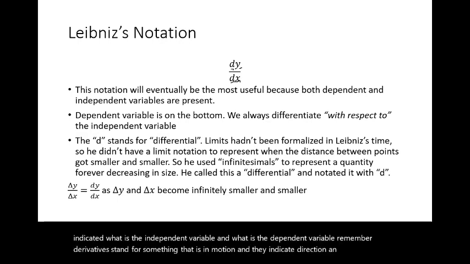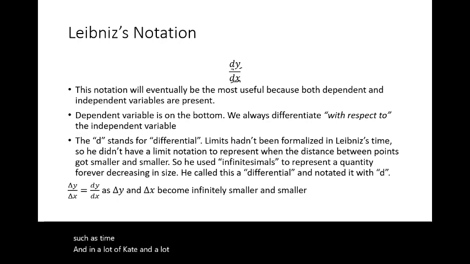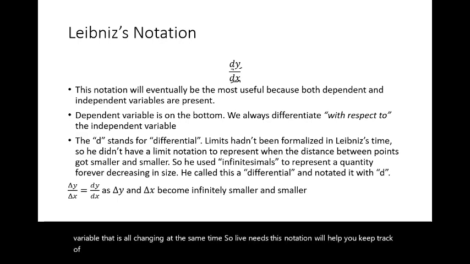So anything that is actively changing will be changing with respect to a single independent variable, such as time. And in a lot of real life scenarios, you have more than one variable all changing at the same time. So Leibniz's notation will help you keep track of which variables are dependent and what is the independent variable.